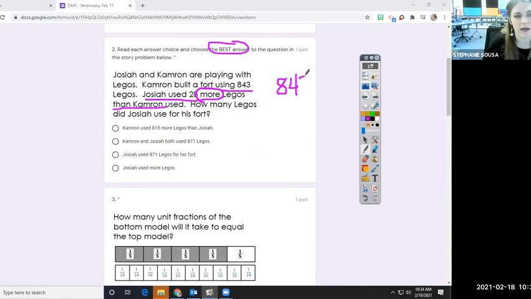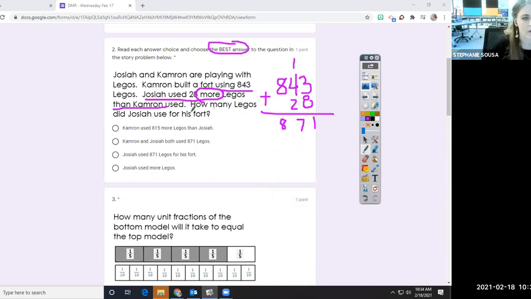Cameron used 843. Josiah used 843 plus 28 more. 8 plus 3 is 11. Carry our 10, put down our ones. 1 ten plus 4 tens is 5 tens, plus 2 tens is 7 tens. 8 hundreds plus no hundreds is 8 hundreds.